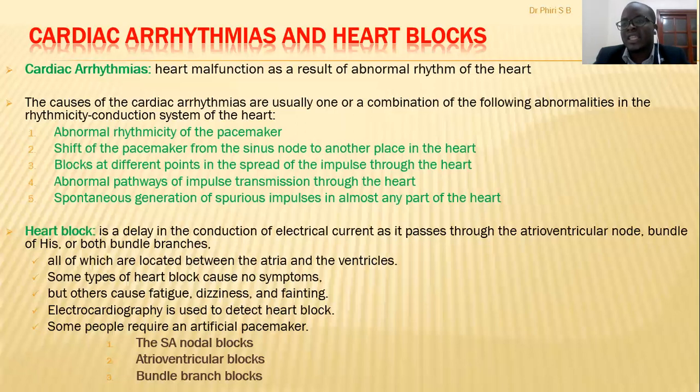You can have an escape rhythm whereby the SA node action potentials are not being propagated to the ventricles, then the ventricles will escape that by producing an action potential of their own. Maybe it's coming from the AV node, or the bundle of His, or from the ventricles themselves. So they're going to contract, but the rate will be slow. Then that will result in a reduced heart rate, or a bradycardia.